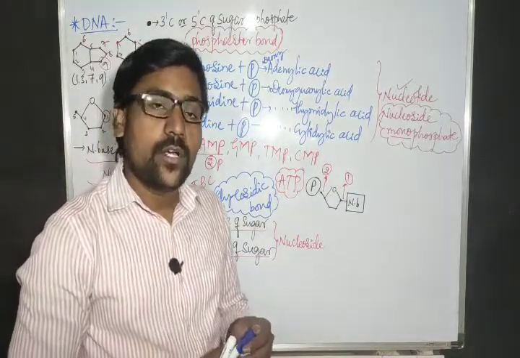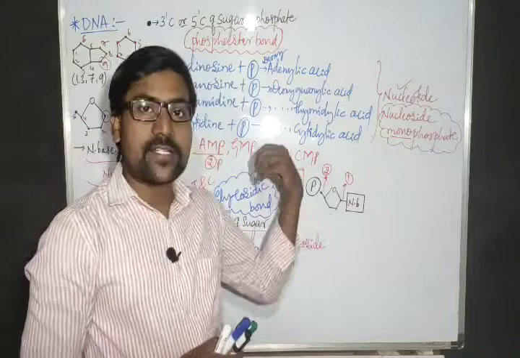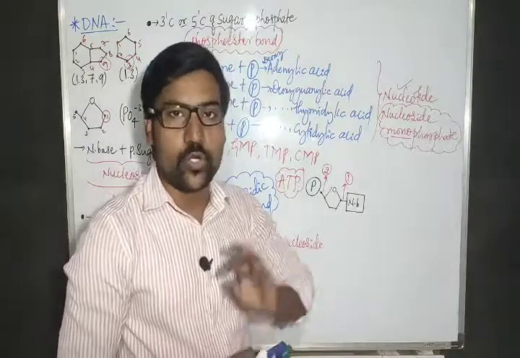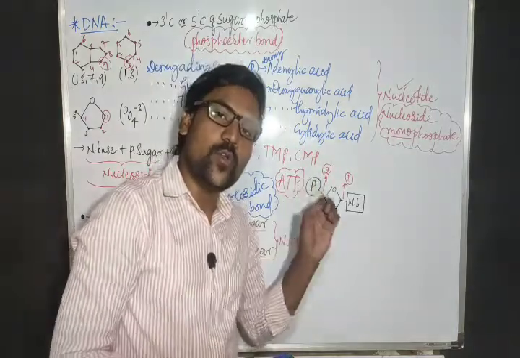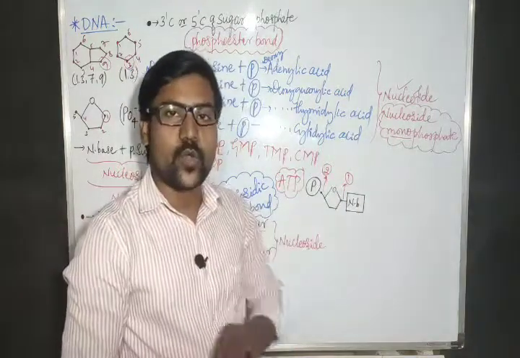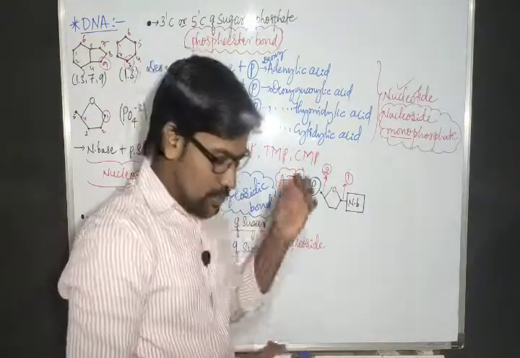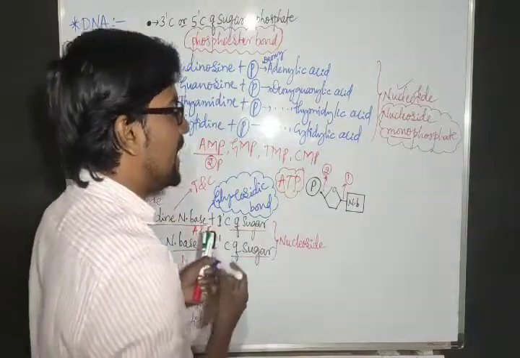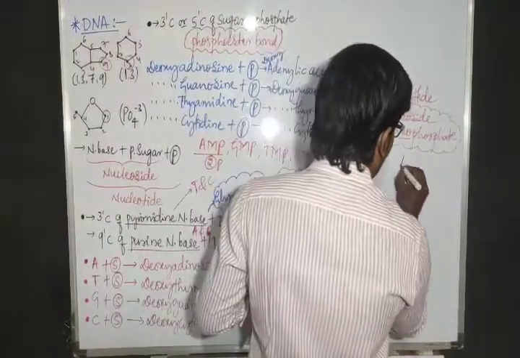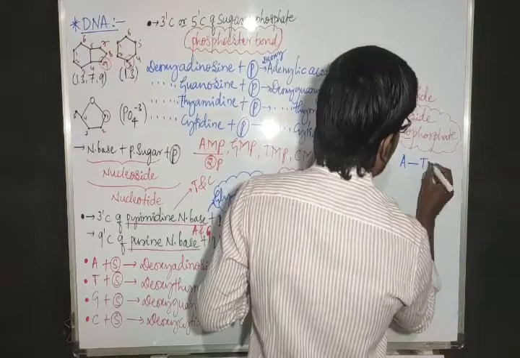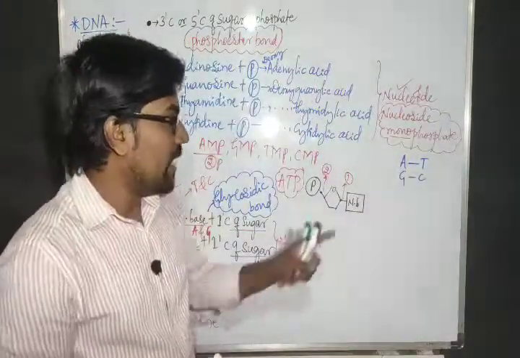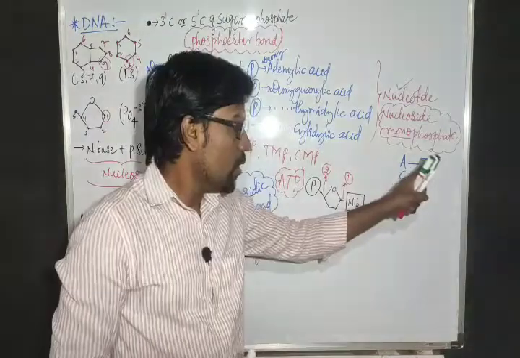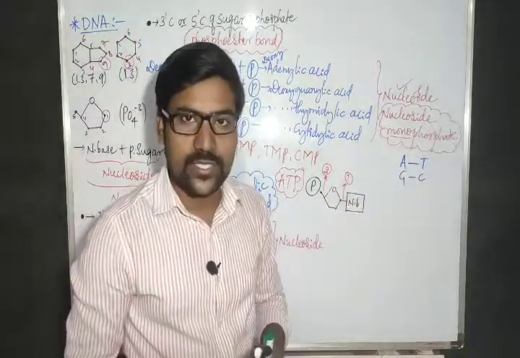Now a nucleotide combines complementarily with another nucleotide. So here there is one rule. A combines with T, G combines with C. Adenine combines with thymine, guanine combines with cytosine.